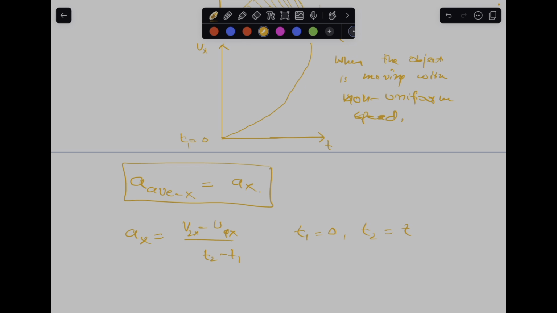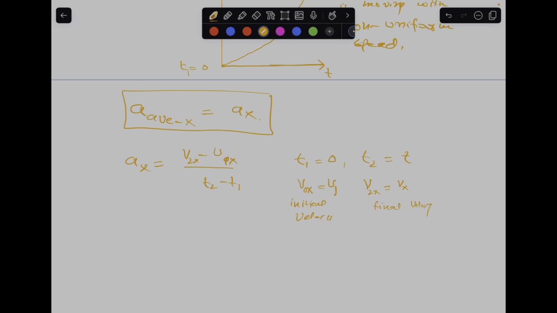When we start our motion, it has some initial velocity. We define our initial velocity v1 as v naught of x, and v2 is your vx, your final velocity. So your average acceleration along x under constant acceleration is vx minus v naught of x over t.